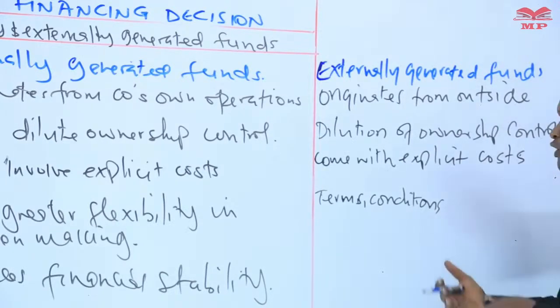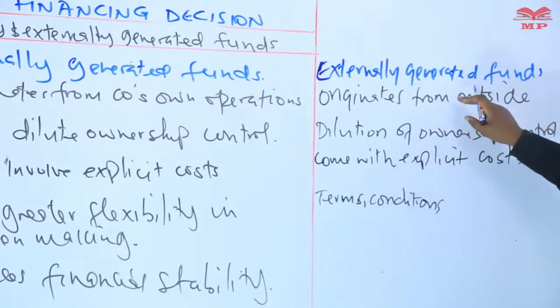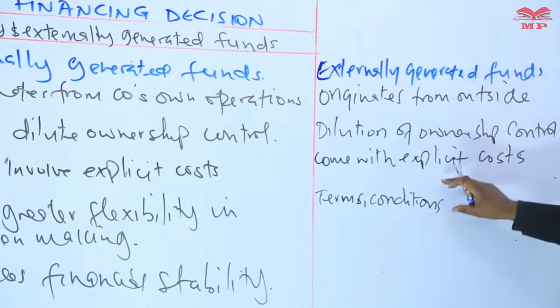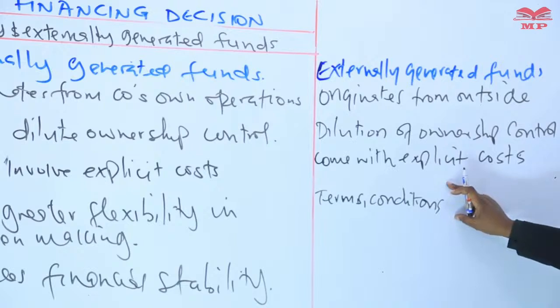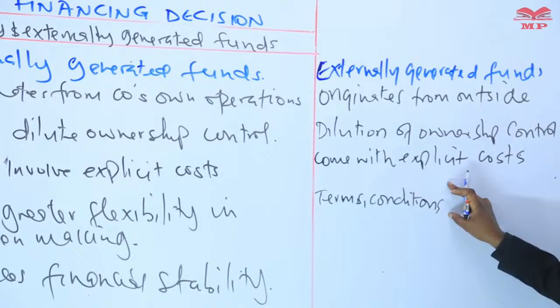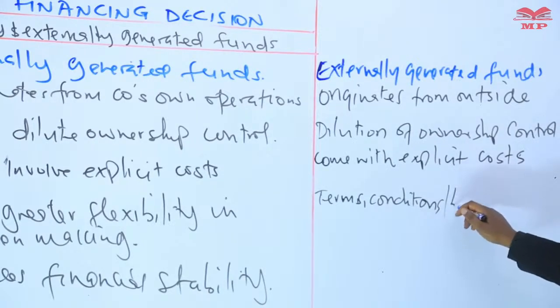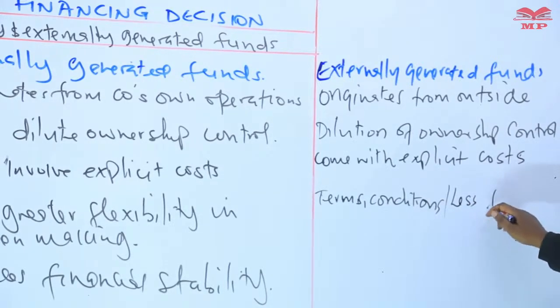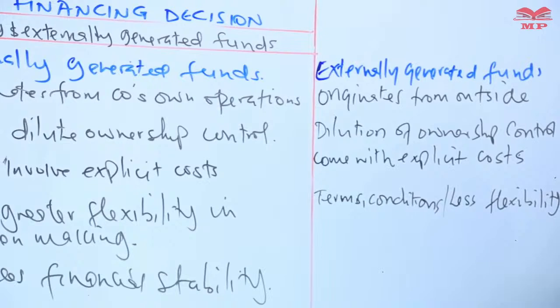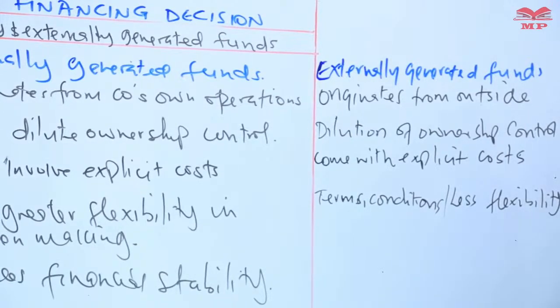A company is not free to make decisions when involving external investors, like debt covenants, where maybe the assets of the company are charged on the basis of the debts. A company is not free. So here there is less or no flexibility compared to internally generated funds.